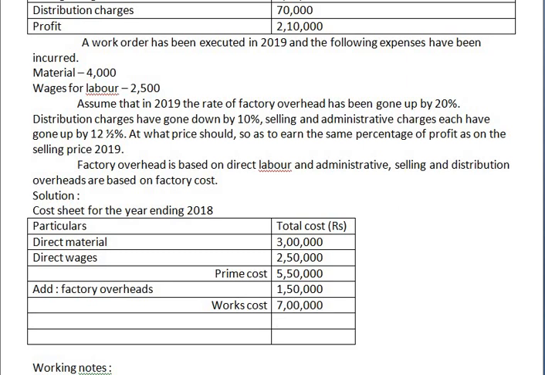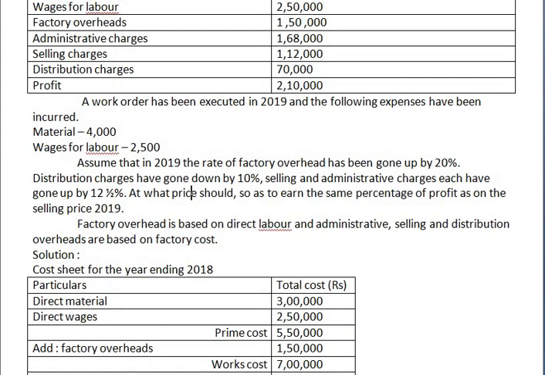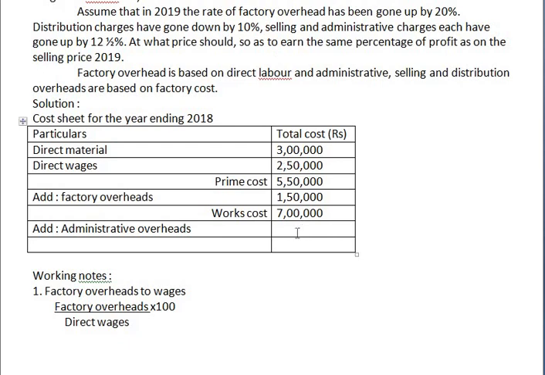Now add administrative overheads. What have they given? Administrative overheads is 1,68,000.